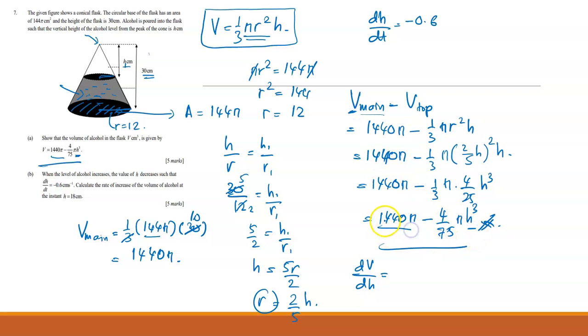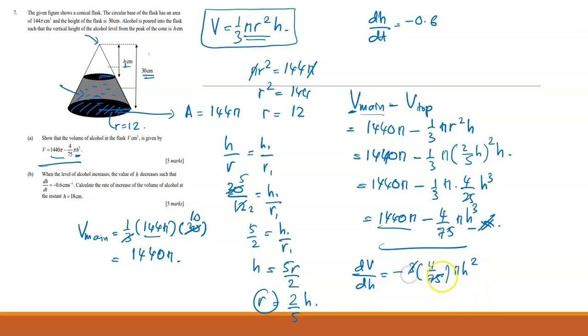1,440 pi is just a constant, so differentiating it gives 0. Then we concentrate on this negative part. Differentiating h cubed, the 3 with 75, gives 3 times 4 over 75 pi h squared.